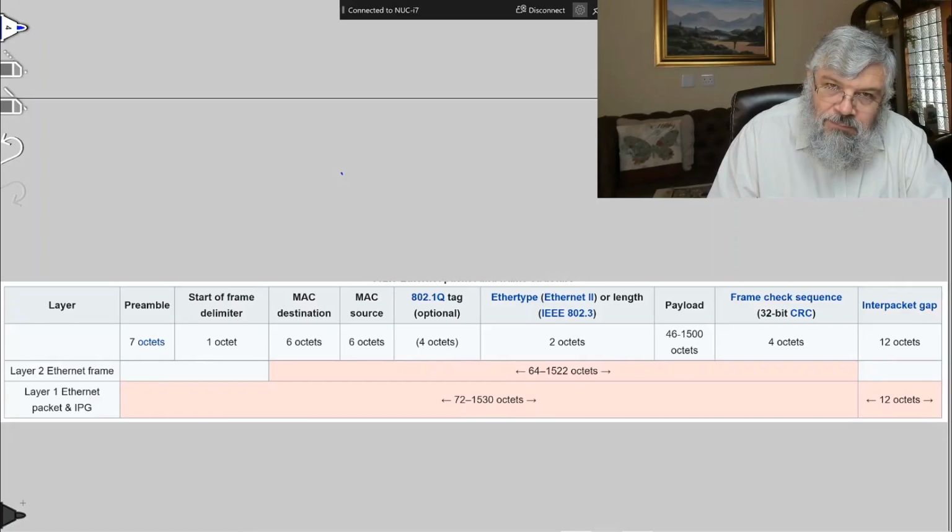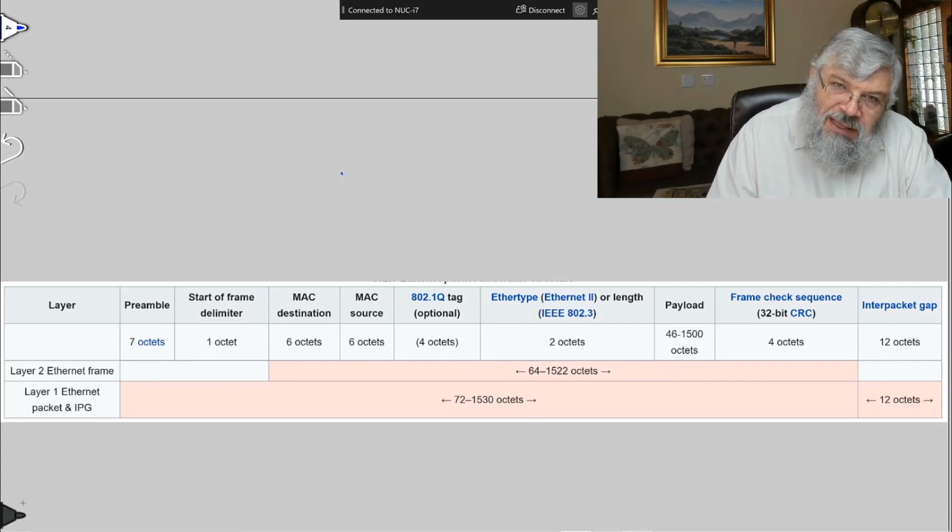Now, once the frame is started, it uses known field lengths, and in at least one version of Ethernet, the one that we'll be talking about, it tells you how long the content, the payload will be, and because it tells you how long the payload will be, you know exactly where it will end. So there's no need for you to have something at the end of the payload.